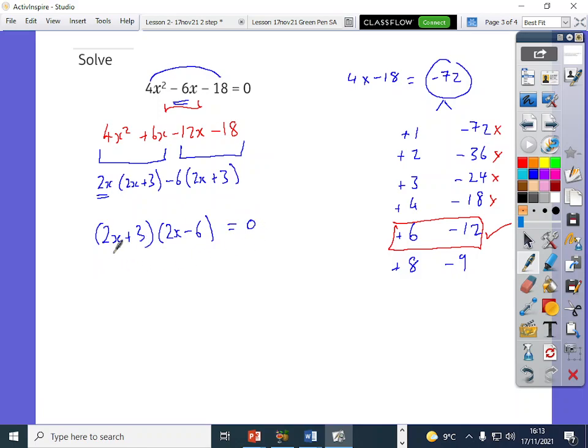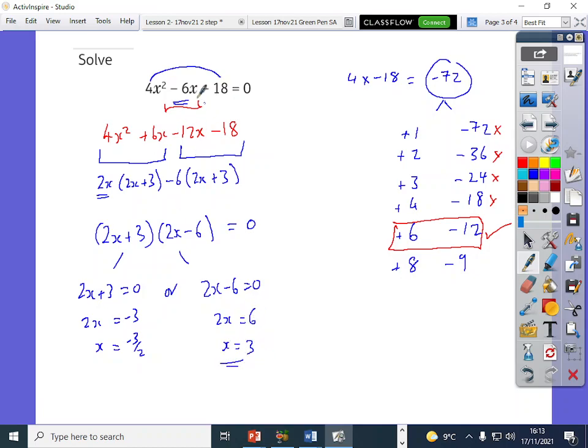Now once you've done that, you can solve each factor and make it equal to 0. So 2x plus 3 is equal to 0. So 2x equals minus 3, and x equals minus 3 over 2. Or you could have said 2x minus 6 is equal to 0. 2x is equal to 6, and x is equal to 3.